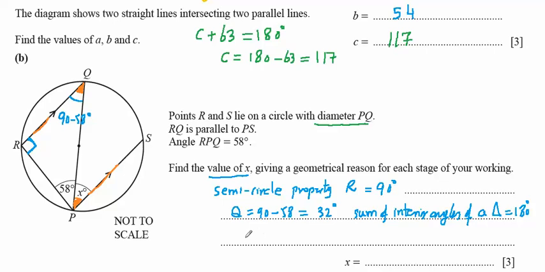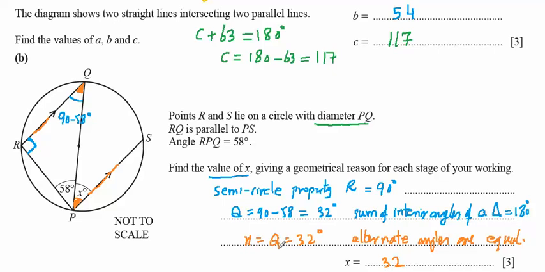So the angle x will be equal to angle Q, which we already found is 32, and the property is alternate angles are equal. Basically, the complete property is alternate interior angles are equal. So these are inside the two parallel lines, but you can also write it like this. So the value of x is 32.